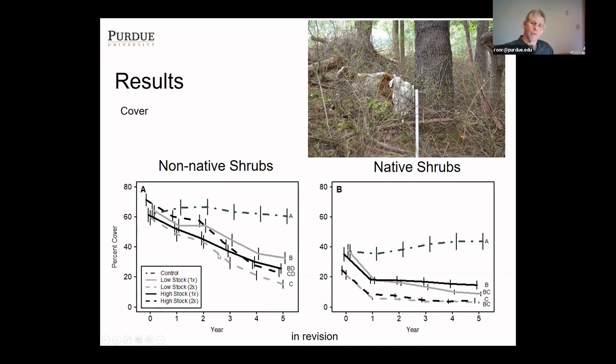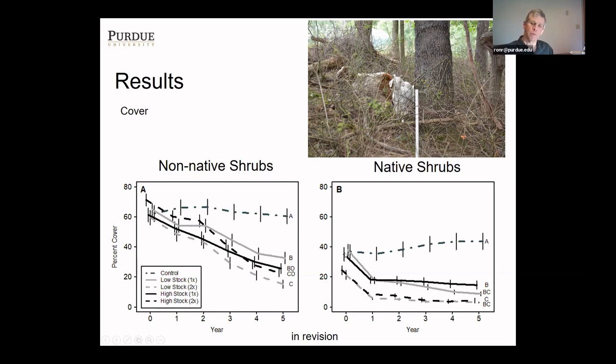So over time, the 2 grazings per season treatment is having a much more significant effect, more rapidly reducing cover than the 1 grazing per season treatments.